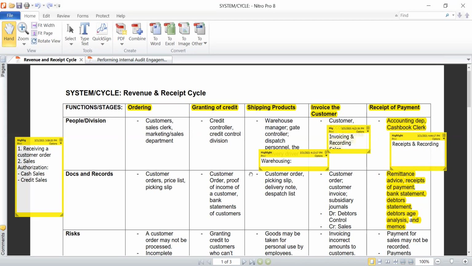What is the process that they follow in order to recognize revenue in their books at the end of the day? Now, there are two ways by which a company could generate revenue on the basis of the principles of the revenue and receipt cycle.